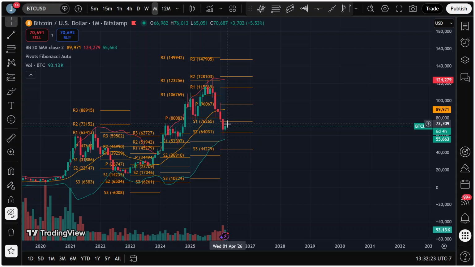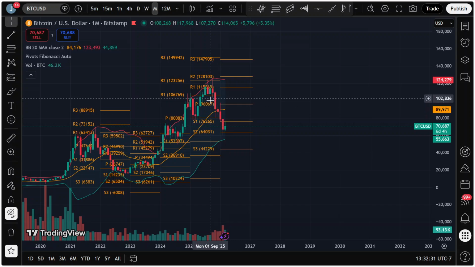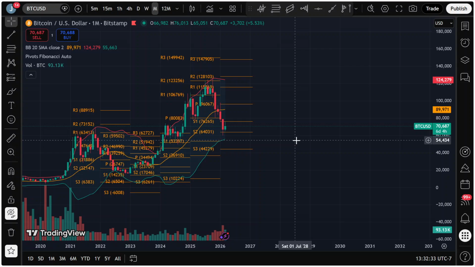By looking at the Bitcoin chart, I can have a better understanding of what MicroStrategy is going to do, or what Coinbase is going to do, or what Robinhood is going to do. They're not directly correlated, but it gives me a window to understand. The same way where if I want to know what Tesla or Microsoft or Apple or anything like that is doing, I want to look at the SPY chart. I want to see what the index is doing, and then that's going to give me a little bit of a hint of what the other stocks are going to do or how they're going to perform.